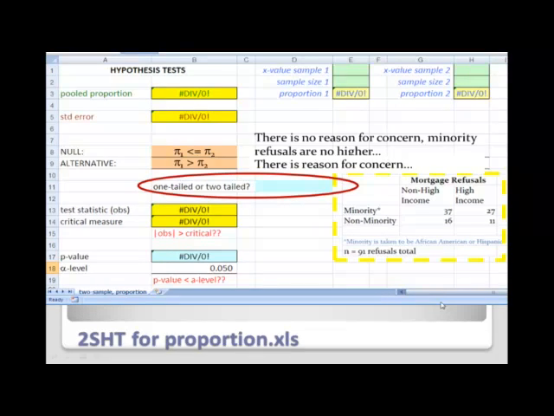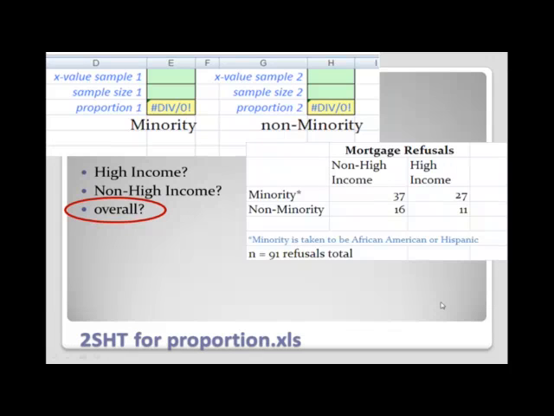So when we set the test up this way, does this suggest a one or a two-tailed test? Well, there is some direction in there where we're trying to figure out which rejection rate is higher, so it is a one-tailed test. So for the template to work, you would need to type in the 1.